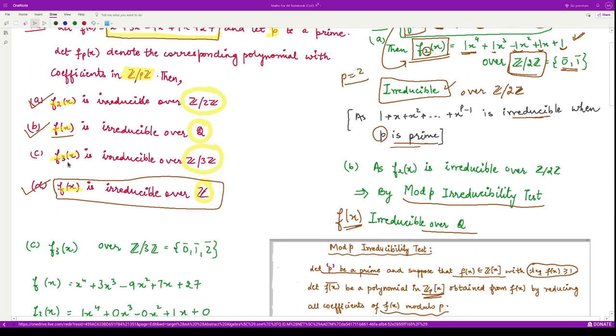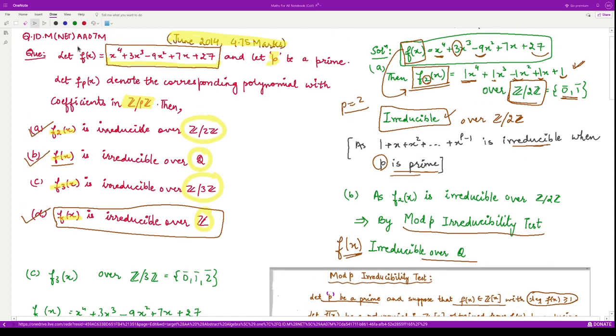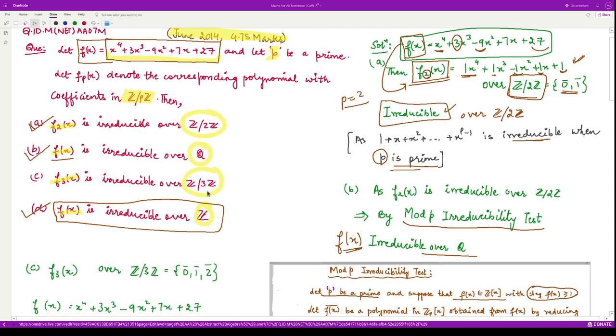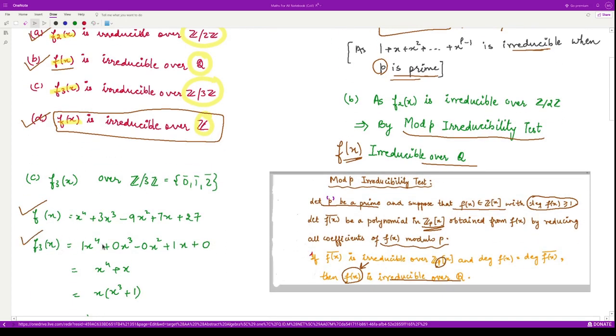For the third option, they are asking whether f_3(x) is irreducible over integers modulo 3. That means we first need to reduce this polynomial over integers modulo 3. This is our given polynomial. We reduce it in the same way. The first coefficient is 1. When you divide 1 by 3, you get the remainder 1.